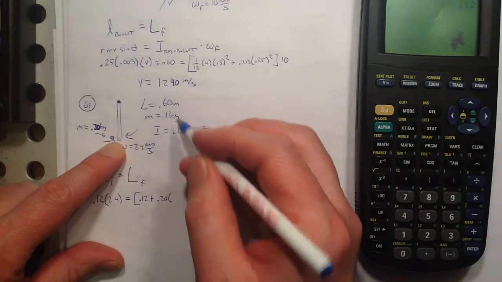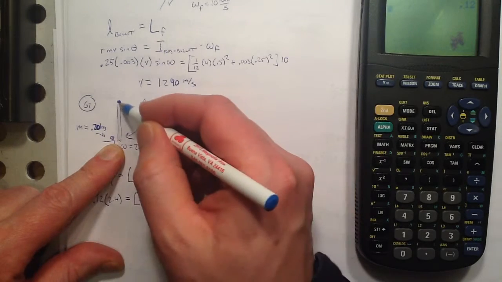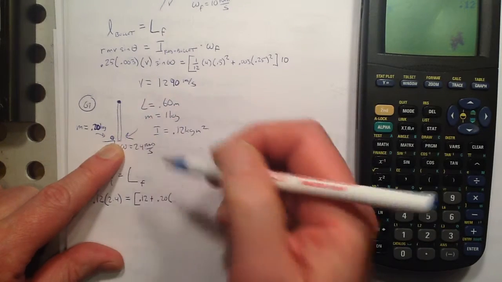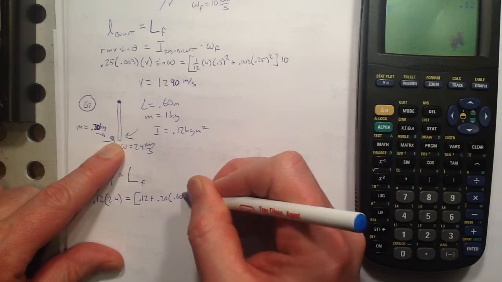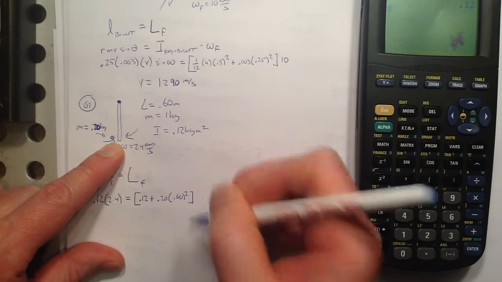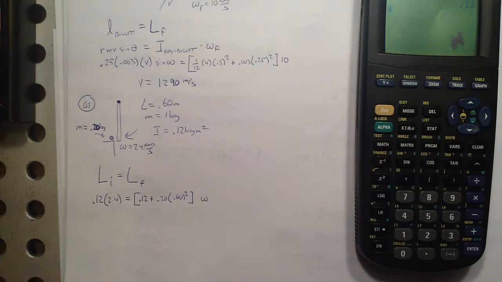The r for the putty is the full length of the rod, right? That's the distance from the axis to the location of the putty. 0.6 squared. That's the new I times omega. Just like a momentum, like an mv equals mv, I omega equals I omega.